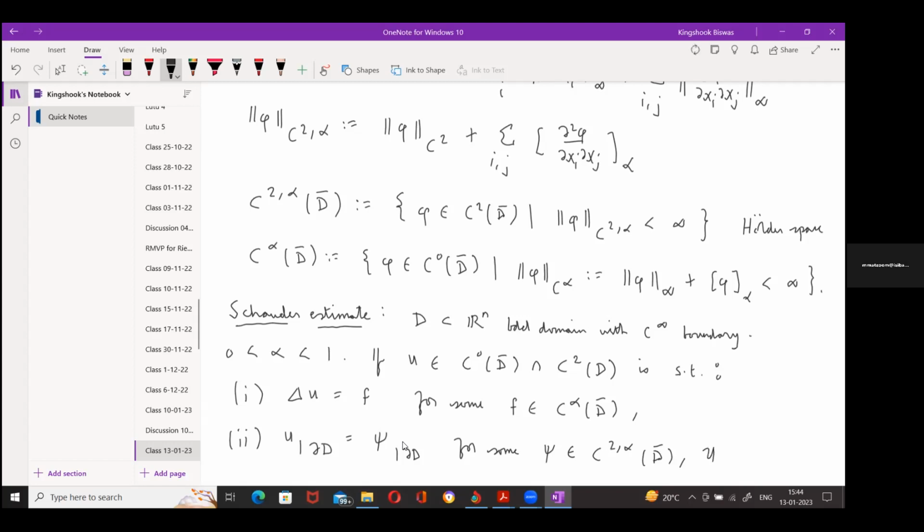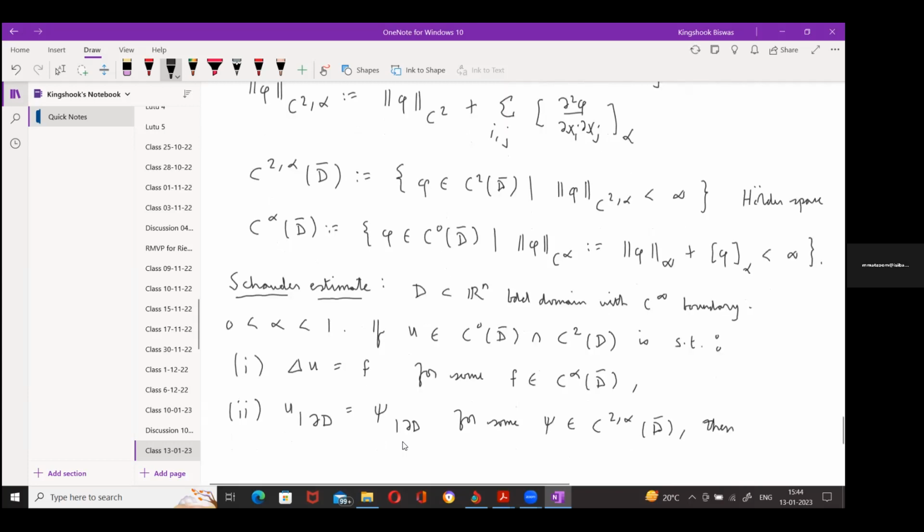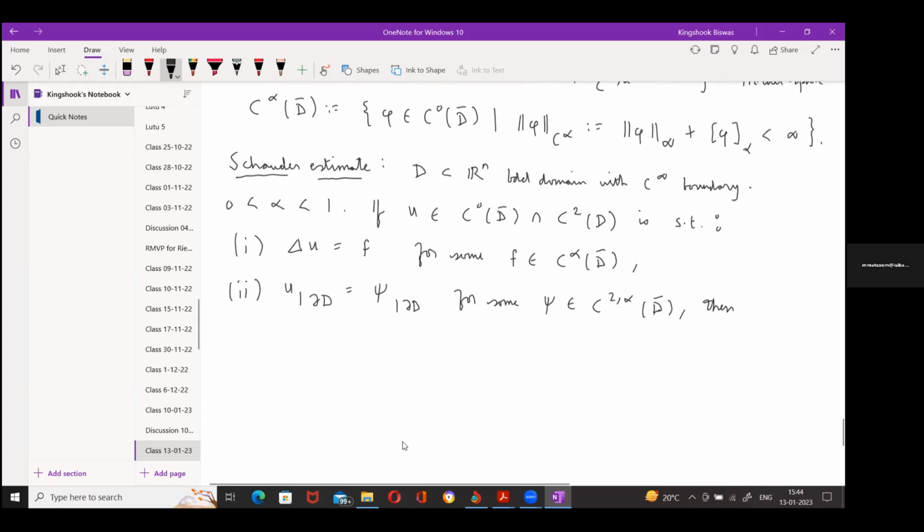Okay, then the C2 alpha norm of U is less than or equal to some constant k times the C alpha norm of F plus the C2 alpha norm of psi, for some k which only depends on the domain D and alpha.